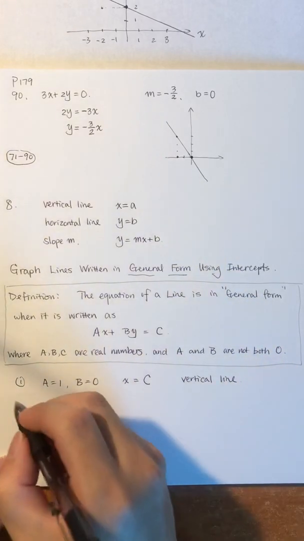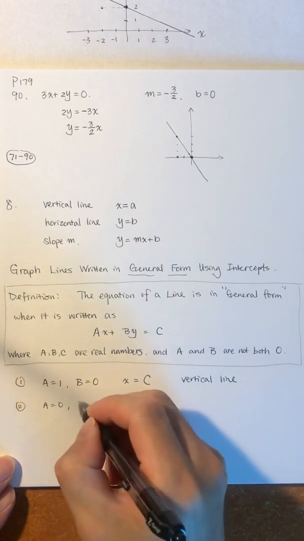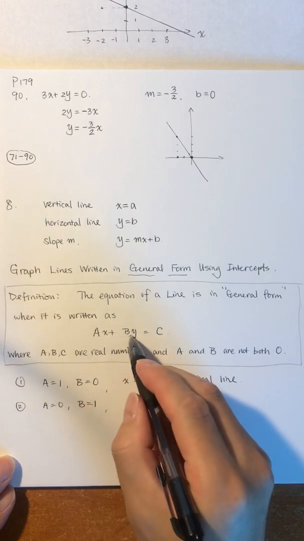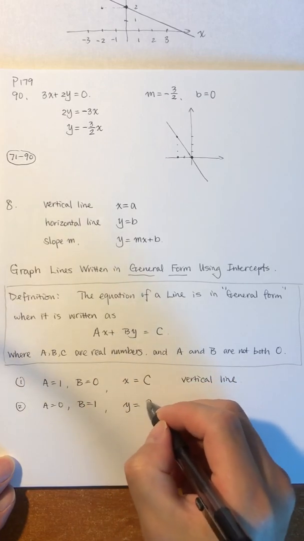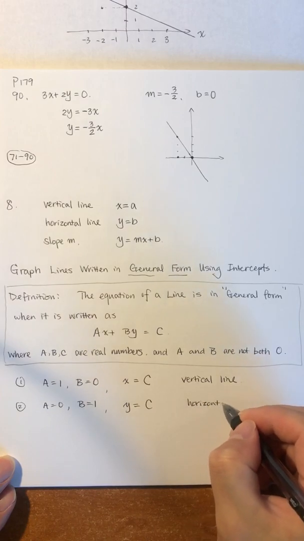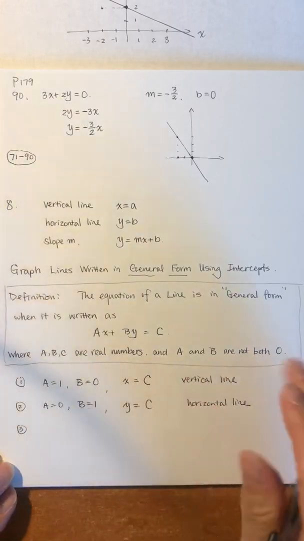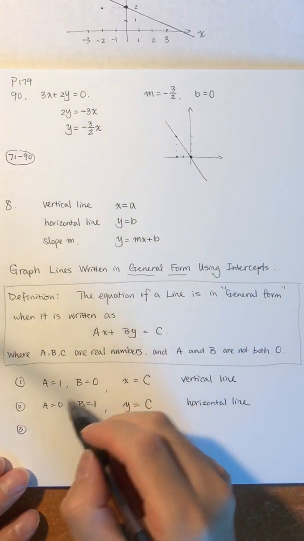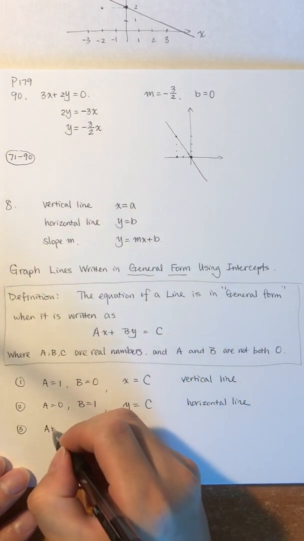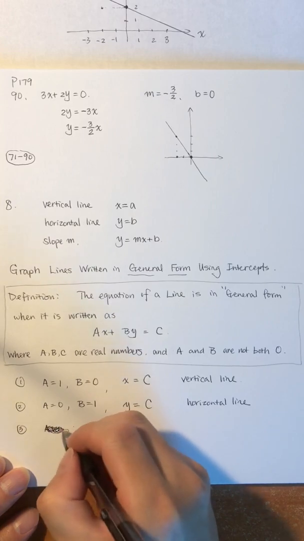And second, if a is 0 and b is 1, no x, so you get y equal to c. It's a horizontal line. In general, if both of them are not 0, we don't need both of them to be nonzero.